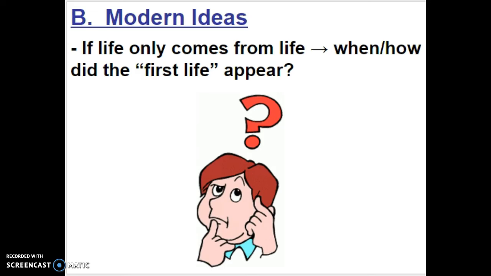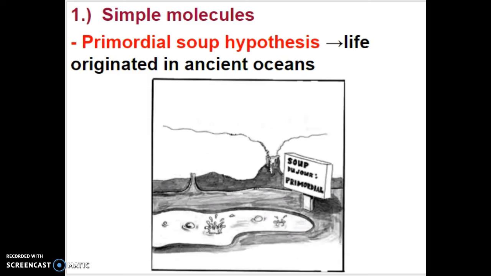Some early ideas. We have this idea of early Earth, if you remember us talking about that. We have a very hot and toxic environment. We have oceans that are very warm and nutrient filled from all of the minerals from the rocks of the earth.